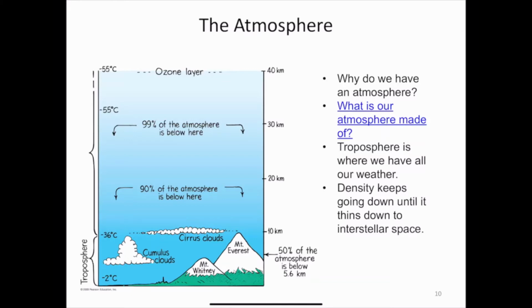Yeah, the nitrogen is 78% of the atmosphere. The oxygen is 21% of the atmosphere. That leaves about 1%, and that remaining 1% is mostly argon. And then there are trace amounts of other gases like carbon dioxide, water vapor, methane, and so on. Okay, but the atmosphere is mostly nitrogen and oxygen.